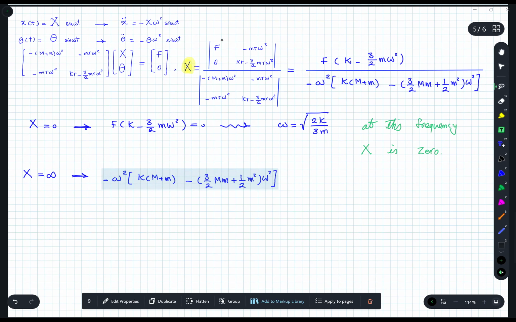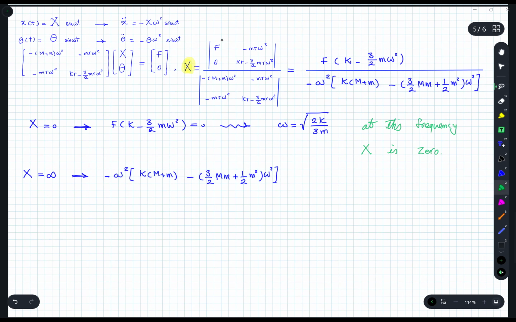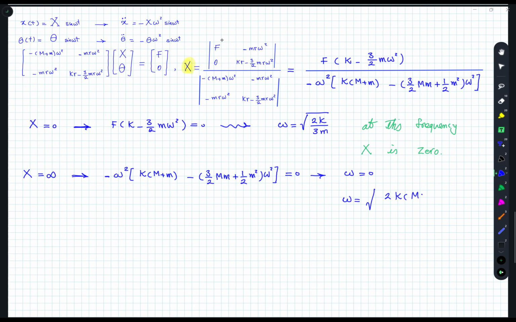So I set that value equal to 0, and it gives me omega equal to 0 and omega equal to, inside that bracket, 2k m plus m divided by 3m m plus m squared.